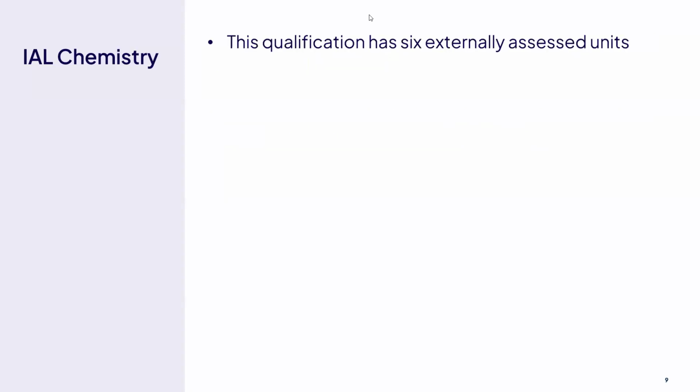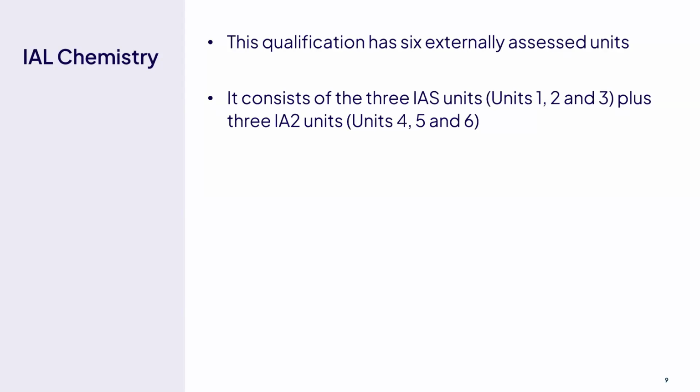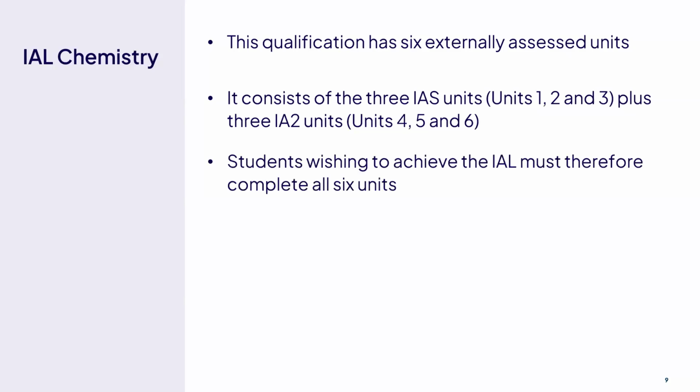With the IAL, this qualification has 6 externally assessed units. It consists of the 3 IAS units, units 1, 2, and 3, plus 3 IA2 units, units 4, 5, and 6. Students wishing to achieve the IAL must therefore complete all 6 units.